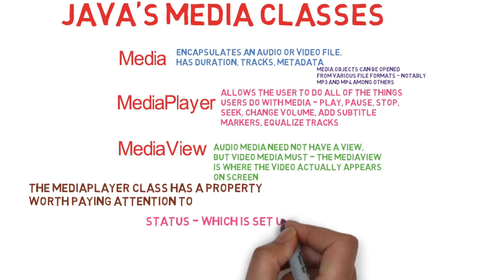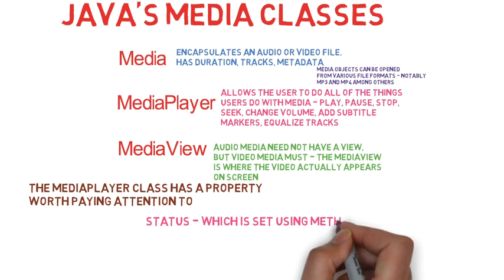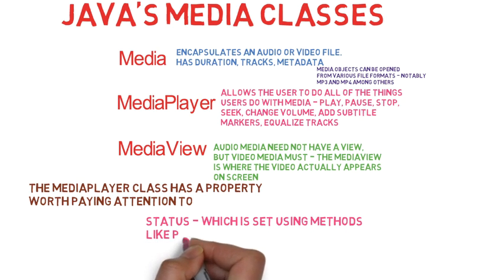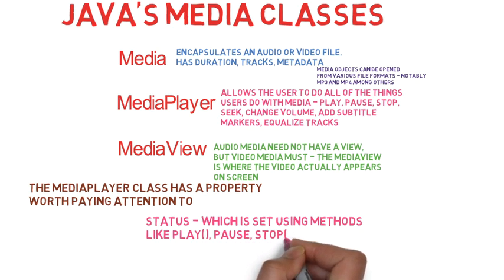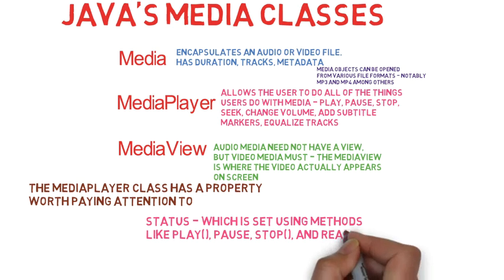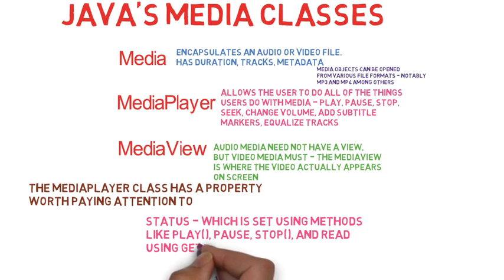The status of the media player specifies what state it is in at any point in time. Whether it's playing media, whether it has stopped, whether it has paused, so on and so forth. The status is set by using methods like play, pause, stop on the media player. And you can read the status by using the getStatus method.